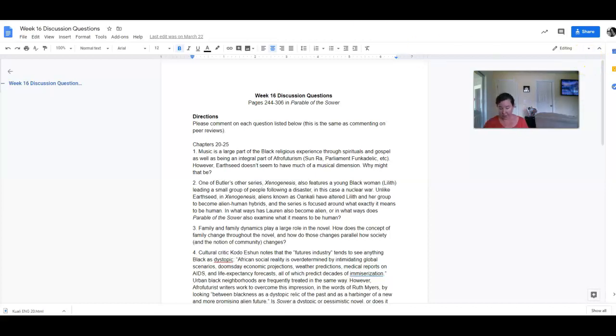On page 271, there's a reference to cannibalism by three boys and a girl, and the girl is very obviously pregnant. They are roasting a severed human leg. There was another JSTOR article that I saw about this whole idea of cannibalism in Butler's collective works, which also mentions this example in Parable of the Sower.